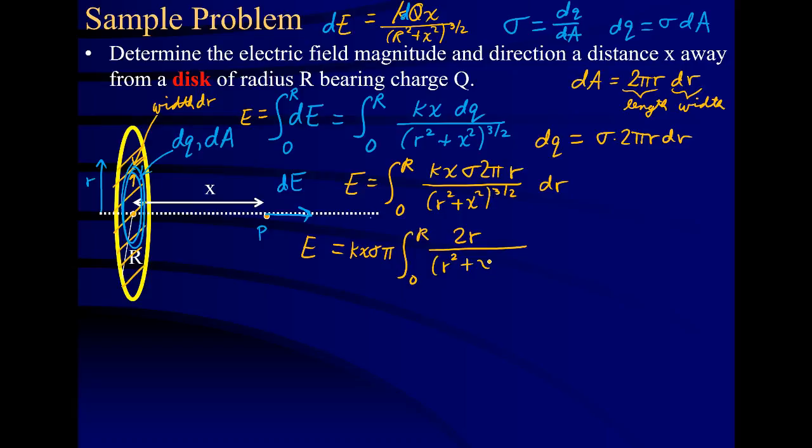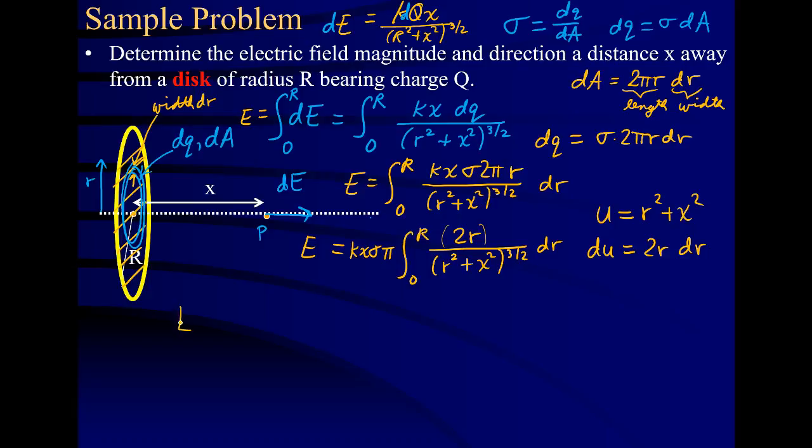So r squared plus x squared to the 3/2 dr. And we're just going to use u substitution. We're going to say that u is equal to r squared plus x squared, which means that du is 2r dr. Remember, x is constant. And that's why we left the 2r up here.